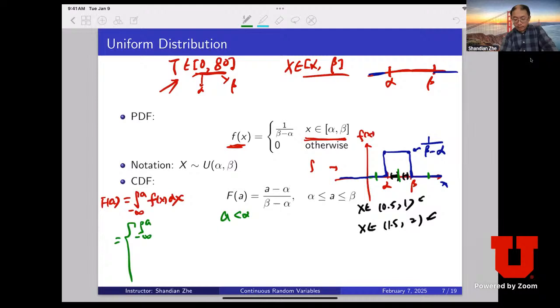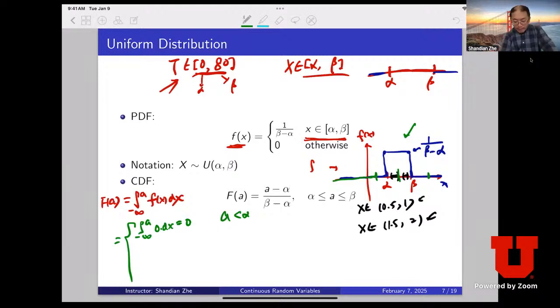When a is less than alpha, what's the value of the PDF? It's just 0, right? That's the definition. So that means you're going to integrate a 0 function. Of course, the integration result will be 0.